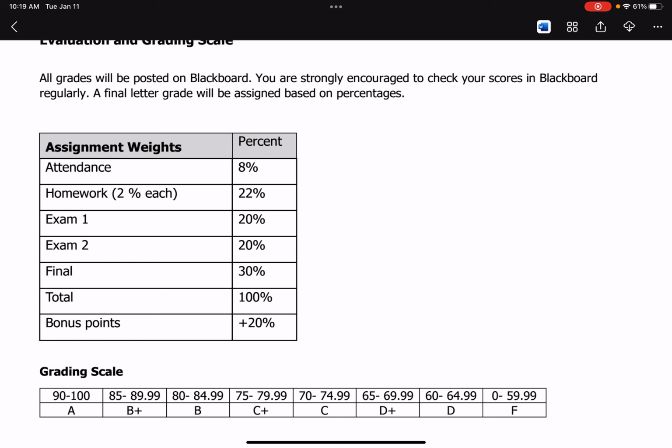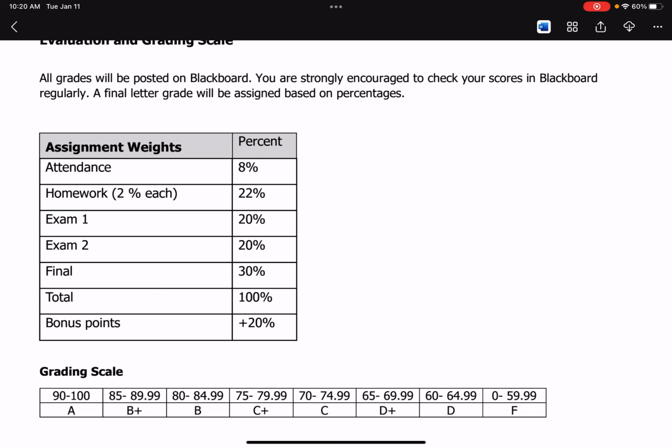And bonus points are generally very easy. If I don't want to do a proof or derive an equation in class, I tell you to go home and find the derivation, bring it to me, and you'll get a bonus point. Bonus points are usually worth 0.5%, half a percentage, essentially. So you can have 40 bonus points to get 20% of the total grade. Any questions?